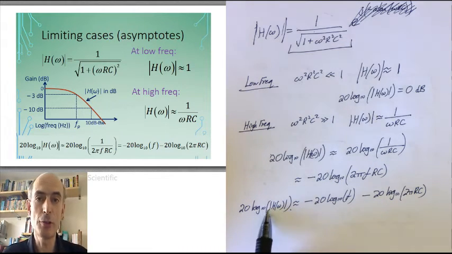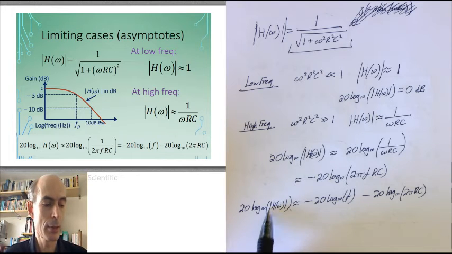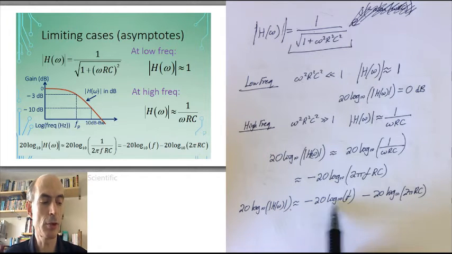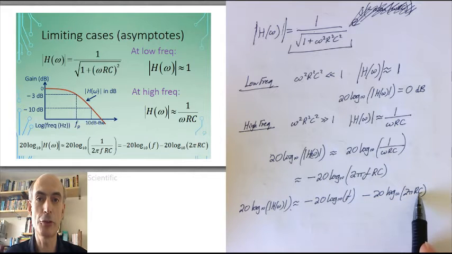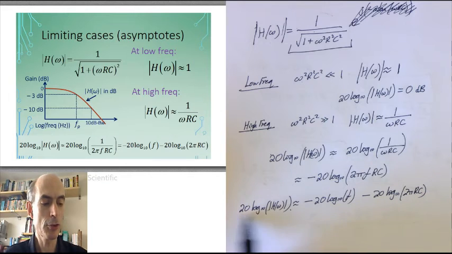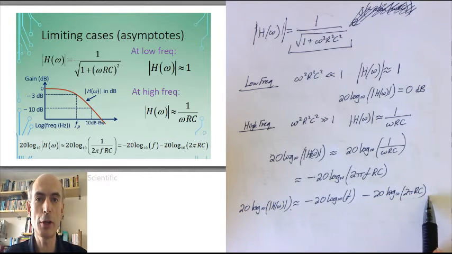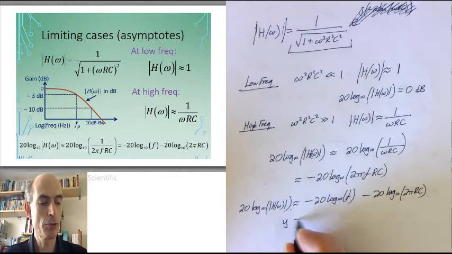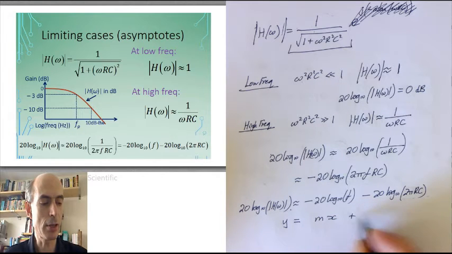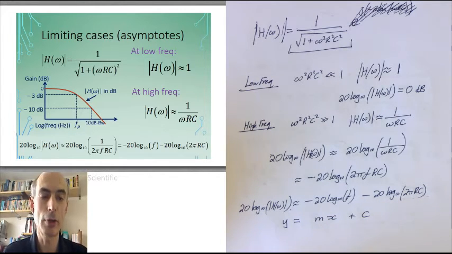This is the amplitude gain in dBs. This is minus 20 log 10 of f, and this is a constant for the circuit, not a function of frequency. And this is in the form of the equation of a straight line. Remember the equation of a straight line? y equals mx plus c, the general form of a straight line.